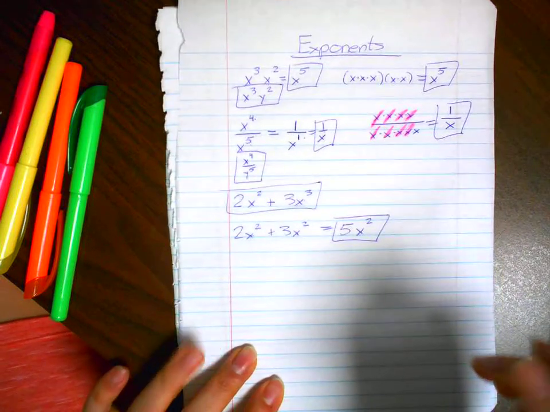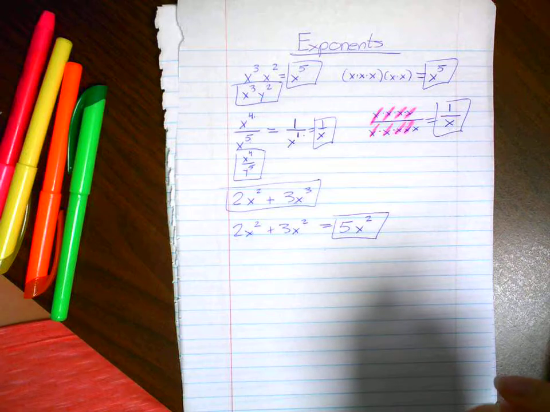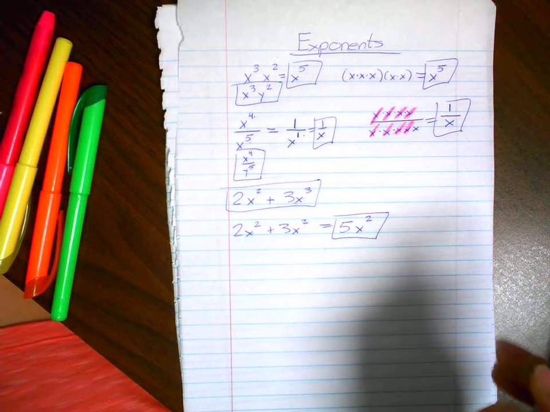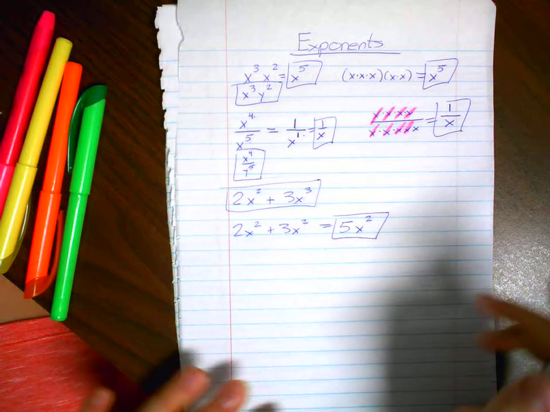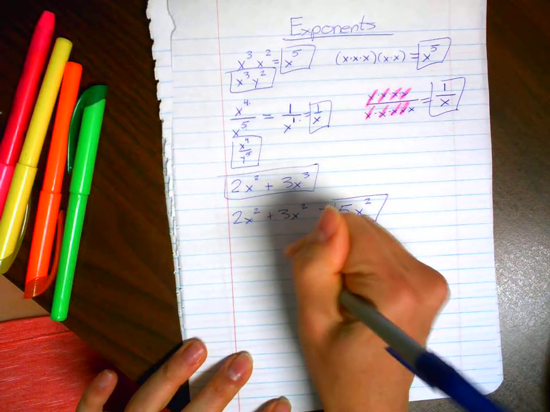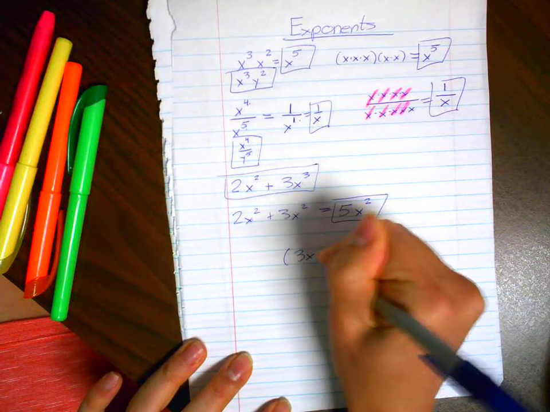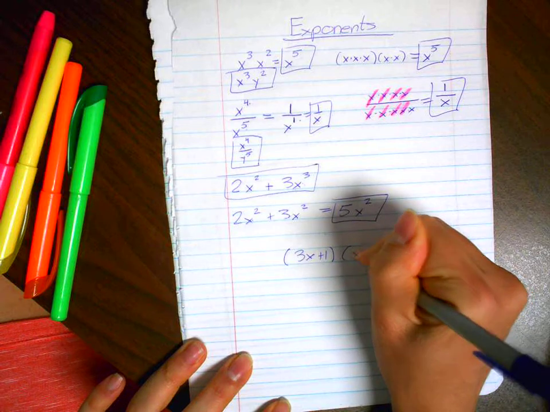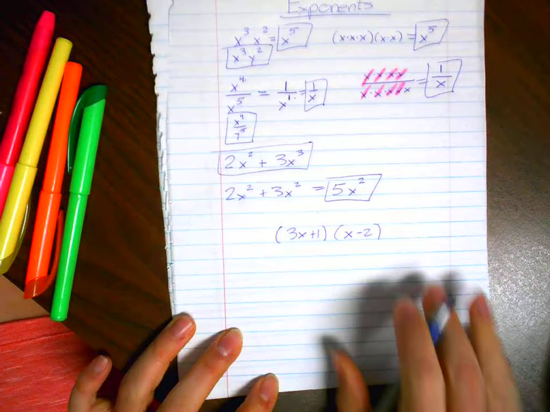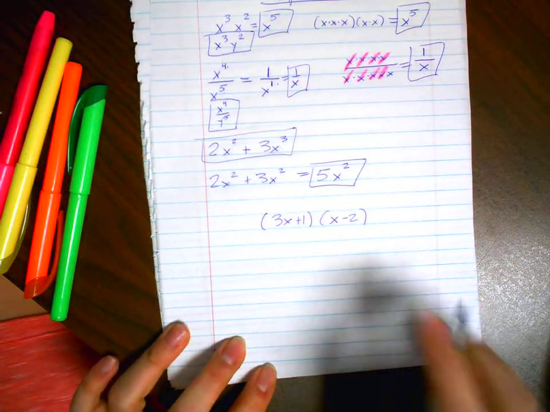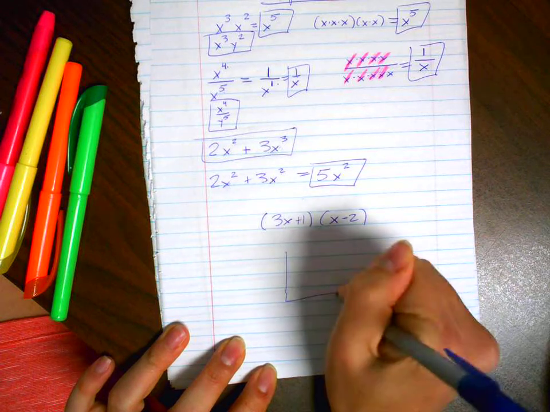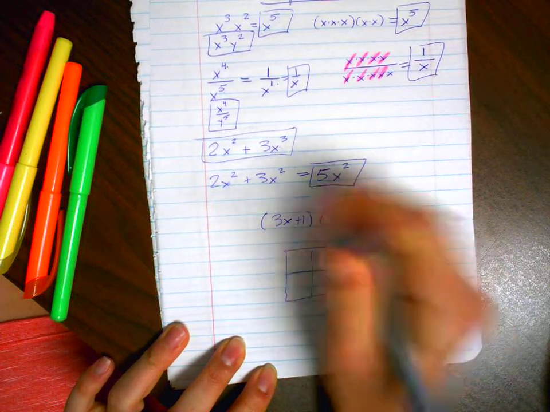The reason it's important is because I'm seeing some mistakes when we're multiplying exponents and when we're dividing exponents. For example, if you were doing something like this, 3x plus 1 times x minus 2, a binomial times a binomial. I'm seeing a lot of people using the box method, which is great.